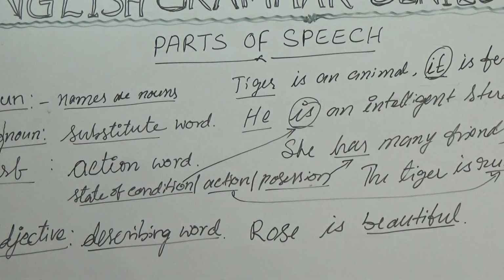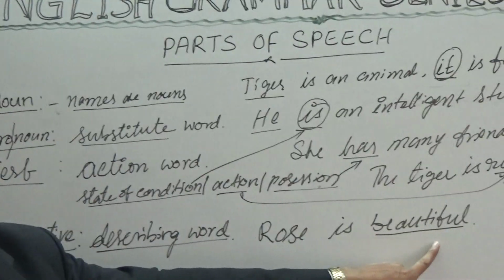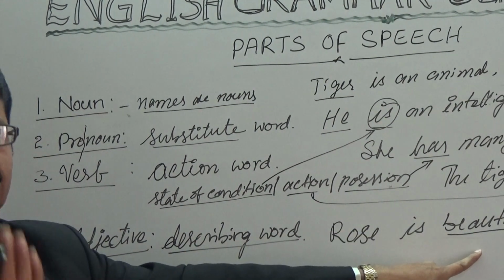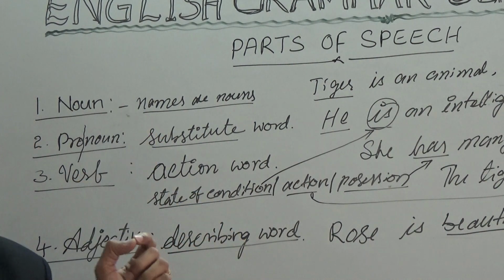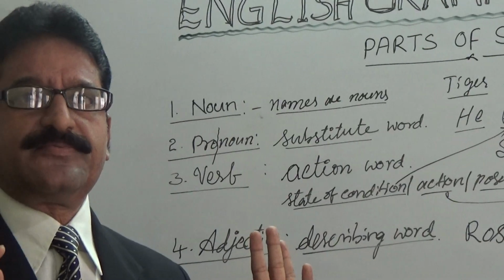The word which is used to describe the characteristics of the subject is called an adjective. Simply, adjective is a describing word.